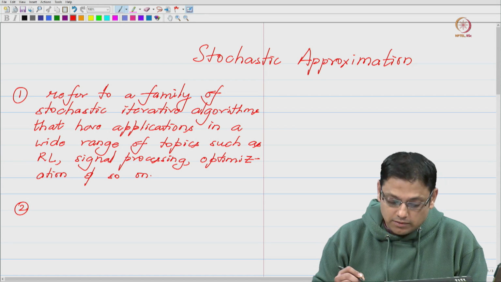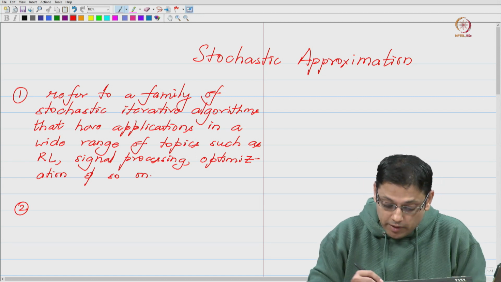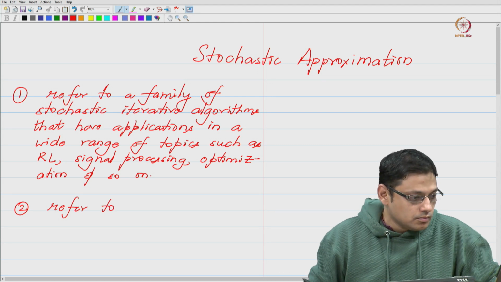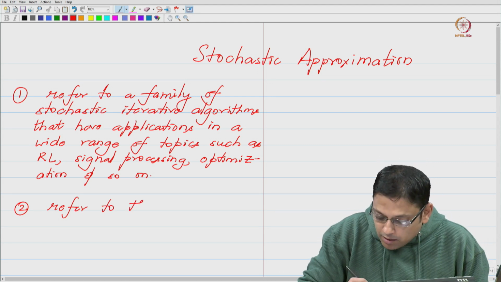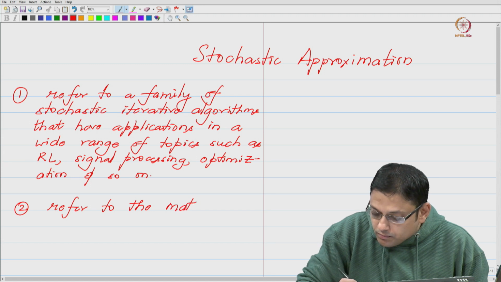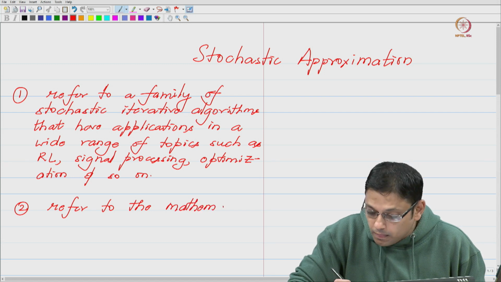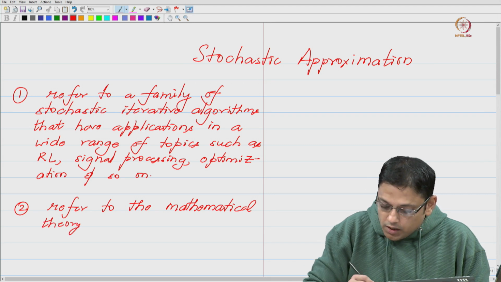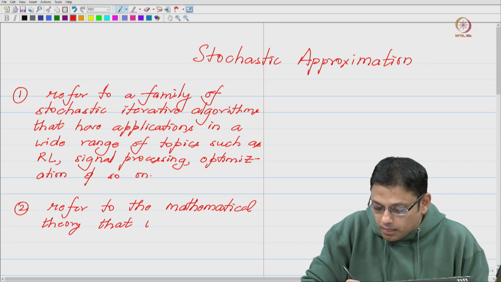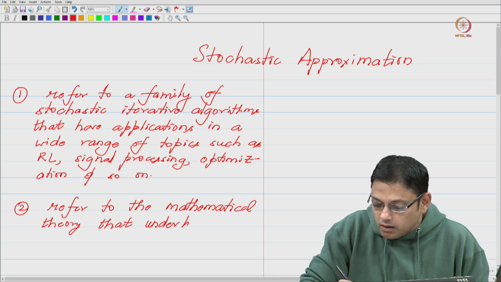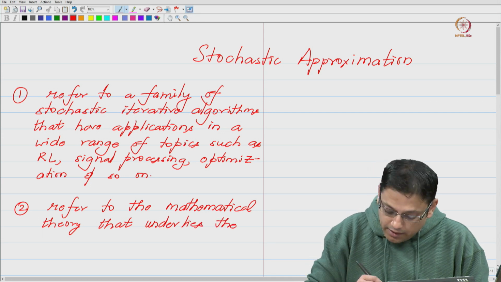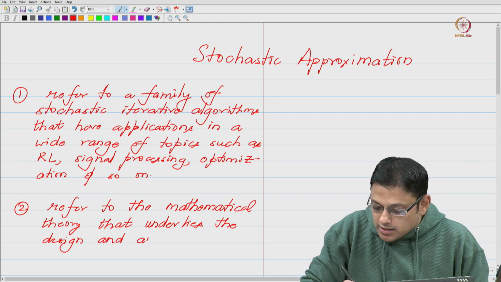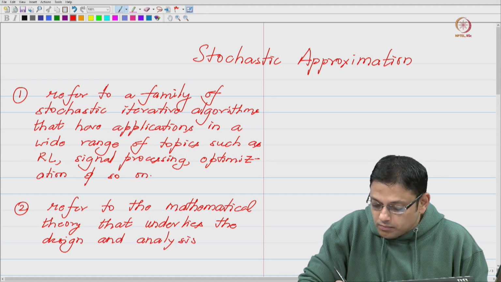On the other hand, I will use stochastic approximation to refer to the mathematical theory that underlies the design and analysis of such algorithms.